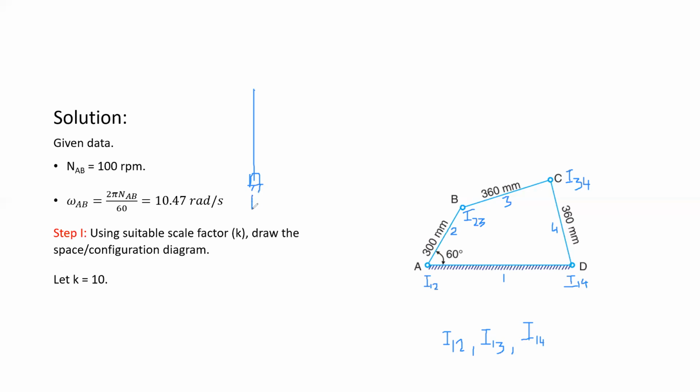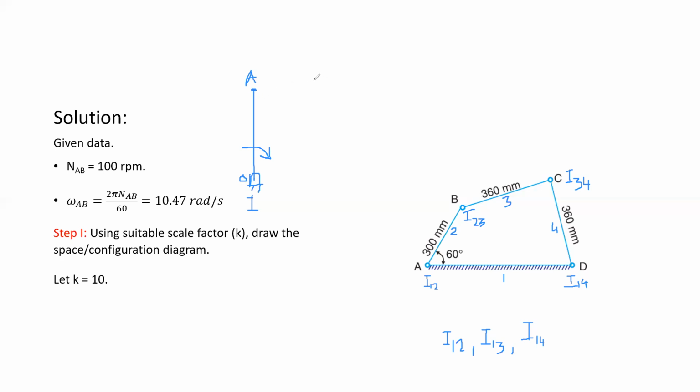Say this is the point I. Now this link is turning like this about this point. It will make rotation. Suppose here is one point, say that point is point A, and say here is the point O.